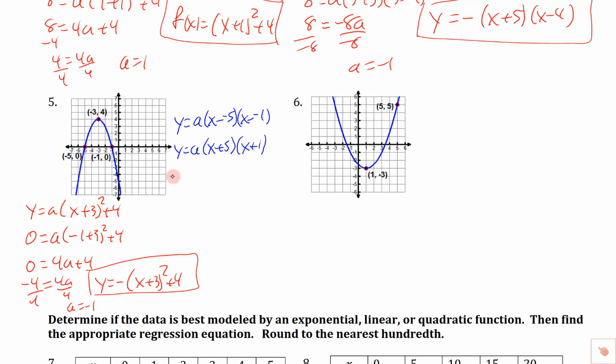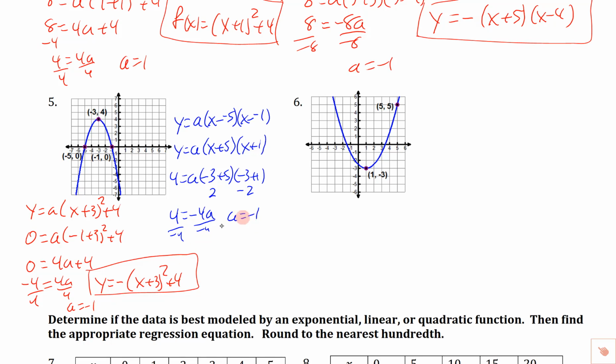So we're going to plug in a 4 for y, and a -3 for x. So this is going to be (-3 plus 5), (-3 plus 1). So this is going to be a 2, and this is going to be a -2. So we end up with a -4 between the two of those. So this is 4 equals -4a, divided by -4, so we end up with a equals -1.